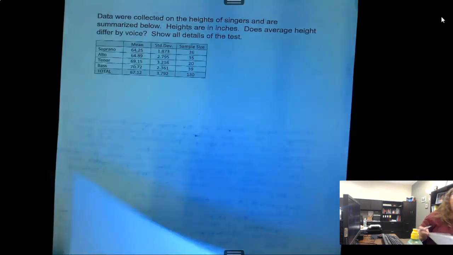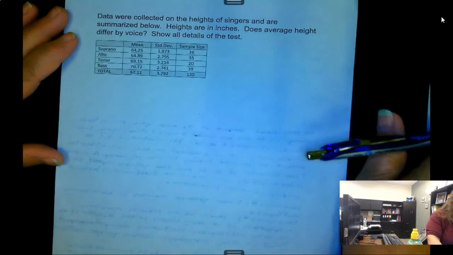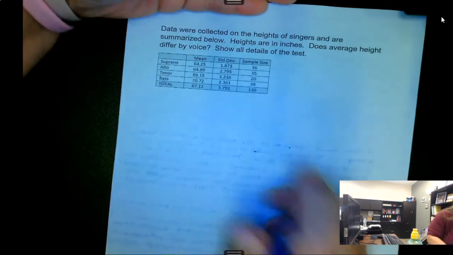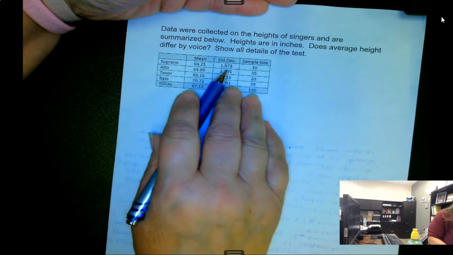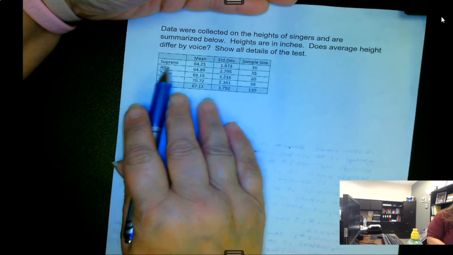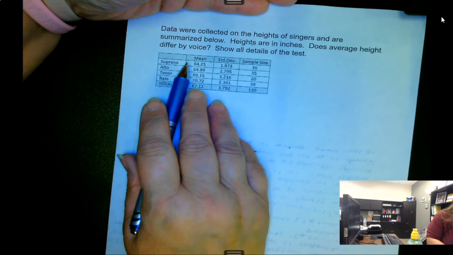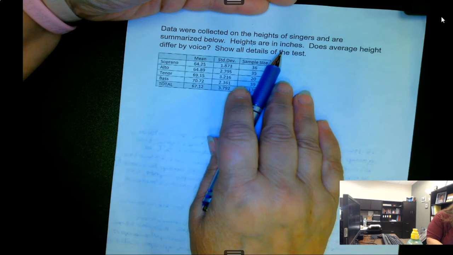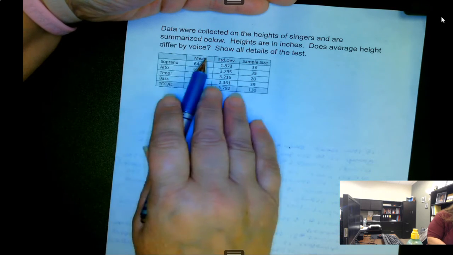Okay, so now we have data collected on the heights of singers summarized below. We have mean, standard deviation, and sample size for the 4 main voices of singers: soprano, alto, tenor, and bass. Heights are in inches. Does average height differ by voice?